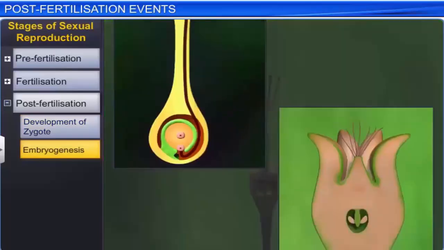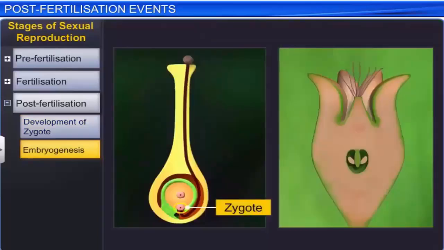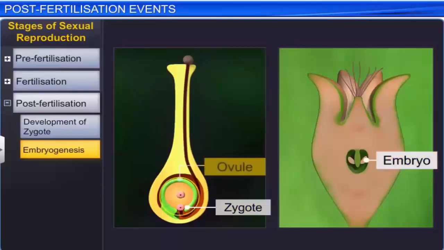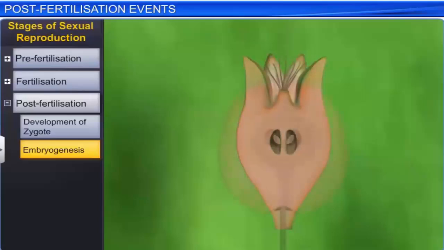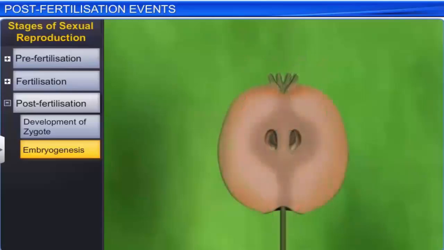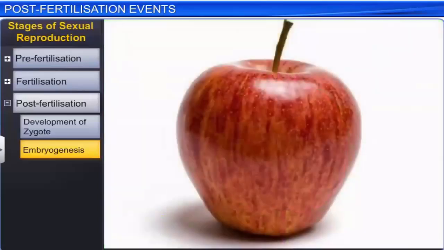During embryogenesis, the zygote develops into the embryo, whereas ovules develop into seeds. The ovary, on the other hand, develops into a fruit. The fruit is covered with pericarp, a thick wall that protects the seeds and the embryo.